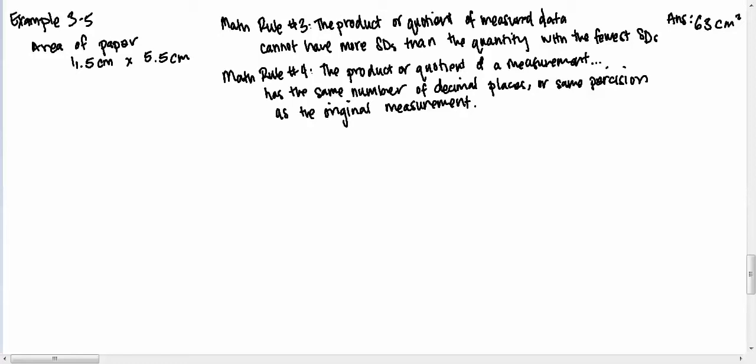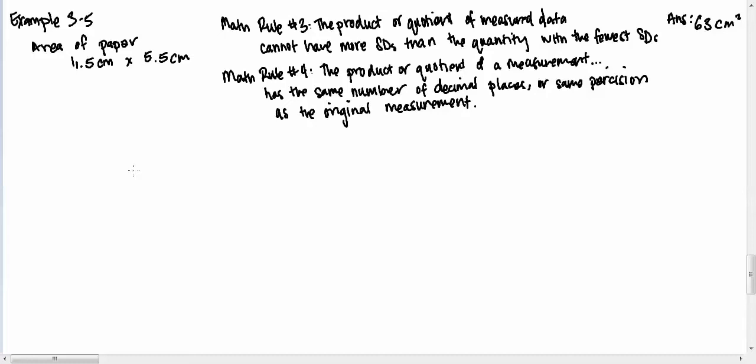Here's what it means. So I measure out an area of a piece of paper, and in order to do that, I got the length and the width. So apparently the length is 11.5 and the width is 5.5 centimeters, both centimeters.